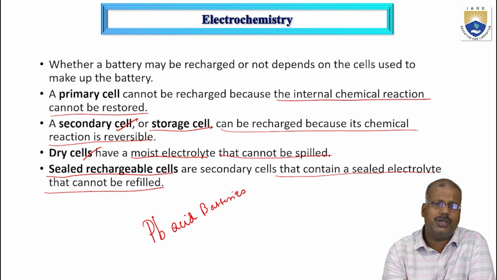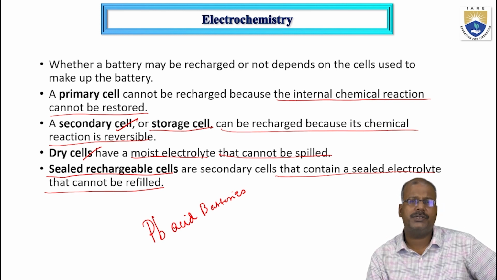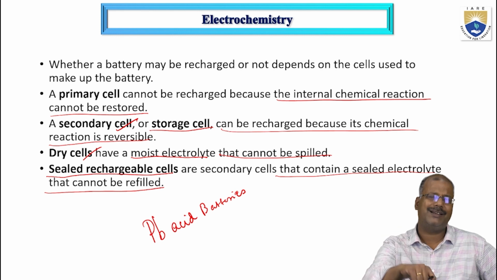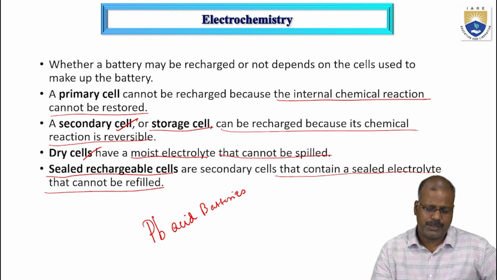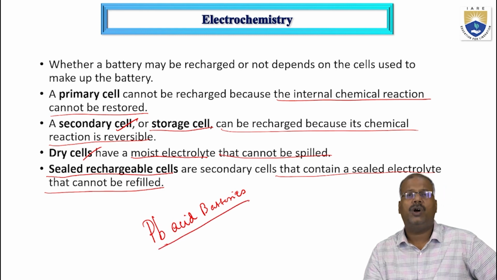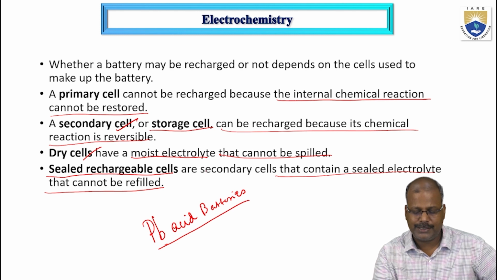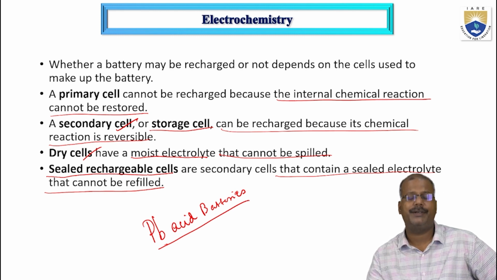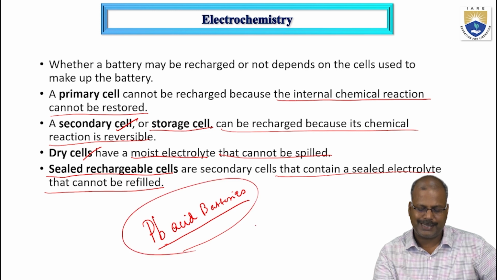Once the distilled water is evaporated, the concentration of H2SO4 varies. So we can add distilled water to maintain the concentration of the acid. Okay, so that is not sealed; in that portion we can add electrolyte. Whereas in some sealed rechargeable batteries, we cannot refill the electrolyte later, like we are doing in lead acid batteries.